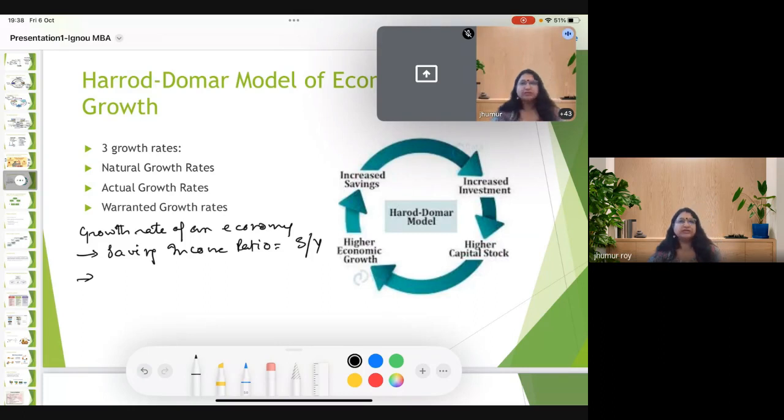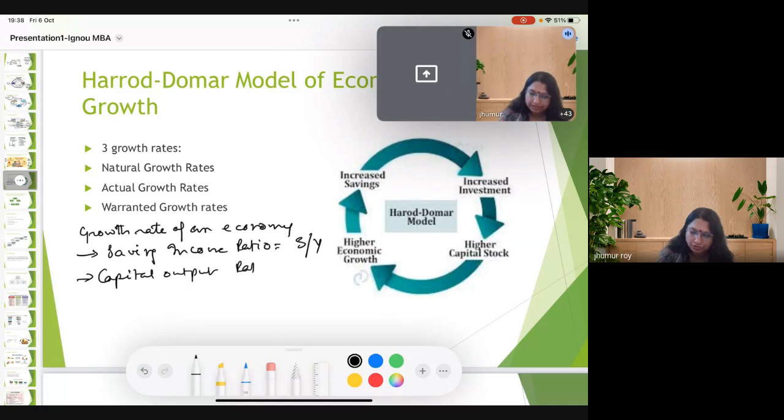The second is called the capital output ratio, and this is the amount of capital to produce 1 unit of output, given as delta K upon delta Y, where K is capital and Y is income.